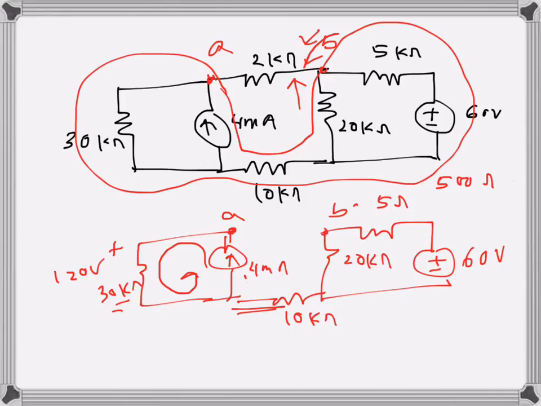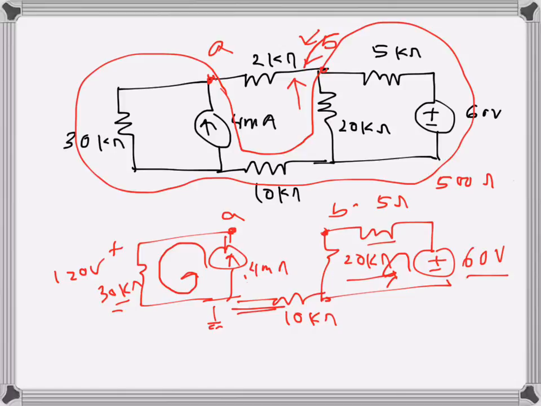And when we see what is VB here, there are two series resistances connected with the 60 volts voltage source. Here also current will flow only in this direction. So of course the voltage VB, there won't be any current through the 10 kilo ohms resistance. So this is ground, common ground.